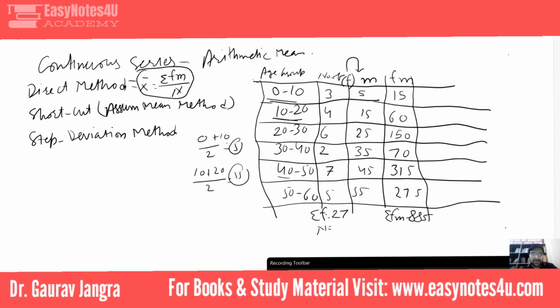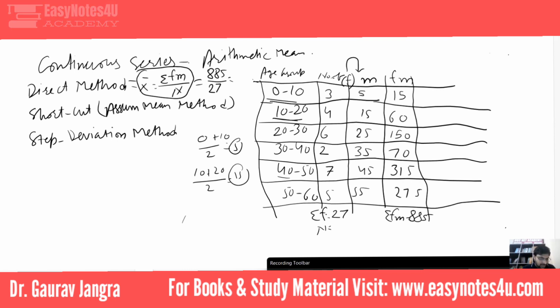So now put the values in this formula: 885, you can recheck the calculation, and 27. So calculate 885 divided by 27. I am calculating it on my mobile calculator.